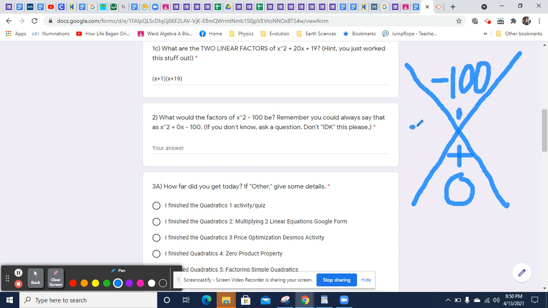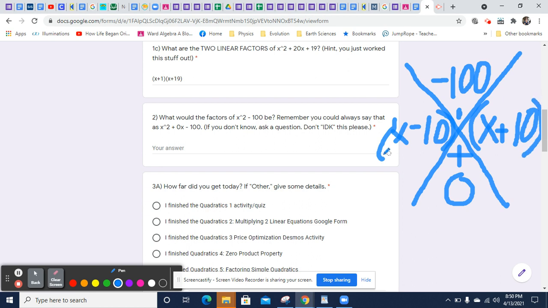So what are two numbers that are multiplied together, get negative 100, and add together and get 0? Well, there's negative 10 and positive 10. Okay? And that's what they are. And of course, we can go ahead and continue this process and say x and x, and we'll put parentheses here and here.